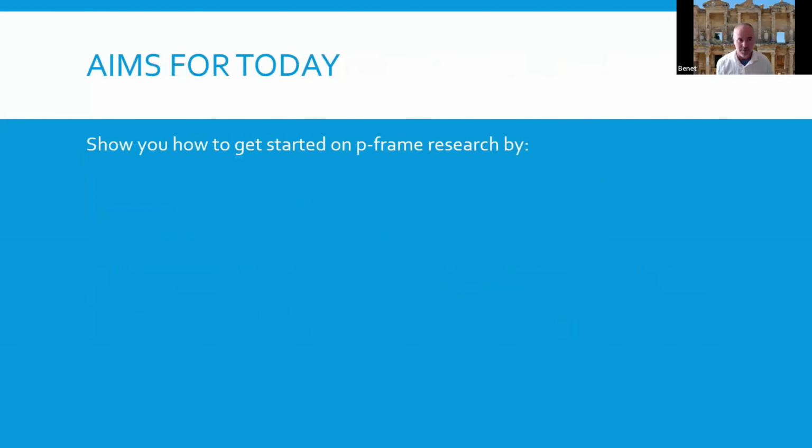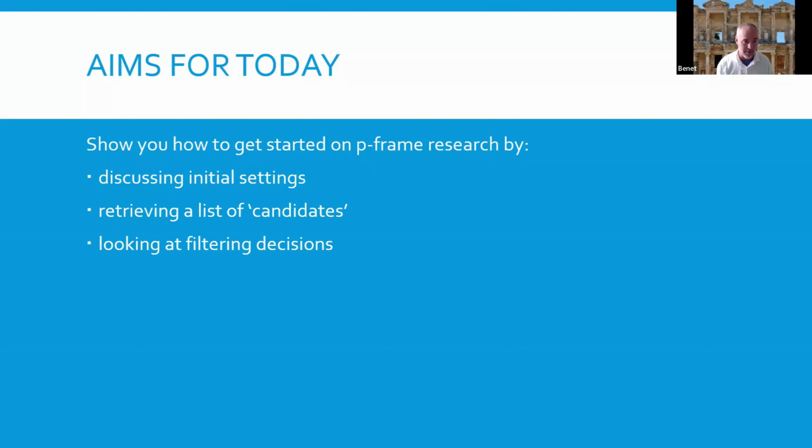So, aims. I want to show you how you could get started on p-frame research and thinking about it if you want to do it. And also I want to show you some of the potential pitfalls, the issues that might occur. So we'll talk about initial settings, and we will use these initial settings. We'll talk about how you retrieve this list based on that.